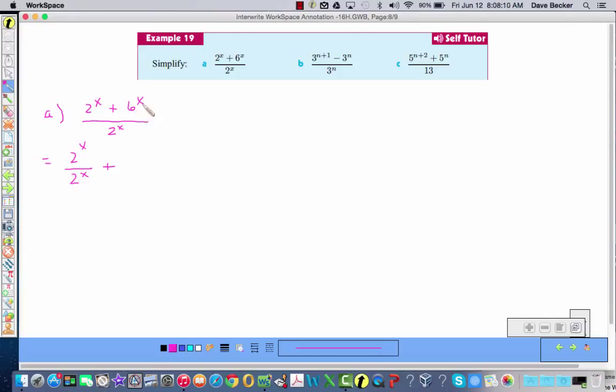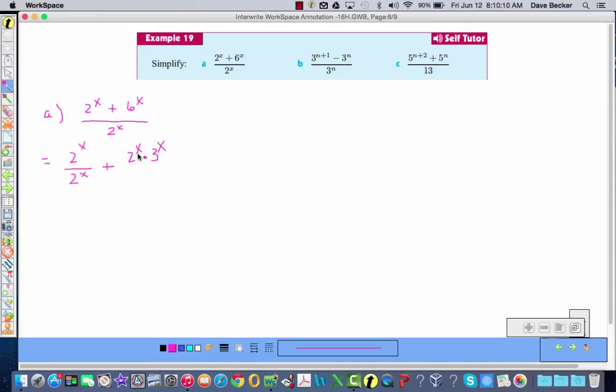So I want to write 6 to the x using 2 to the x. How am I going to do that? Well, that is simply equal to 2 to the x times 3 to the x, is it not?